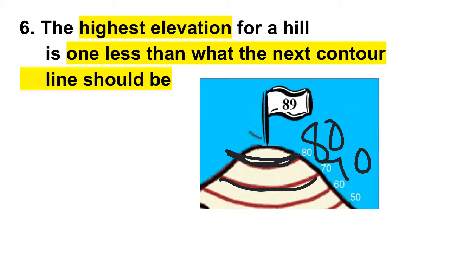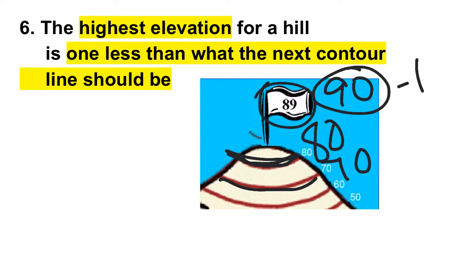So the next contour line should be 90. But is there another contour line there? No. So the next contour line should be 90. So therefore the highest elevation is one less than whatever that should be. Since 90 is the contour line that should be next, it's 90 minus 1, which gives you 89.